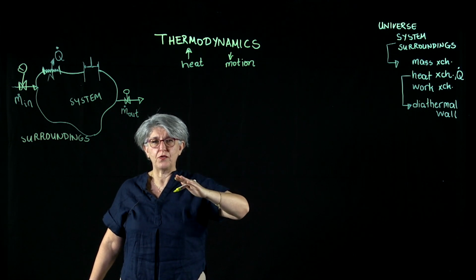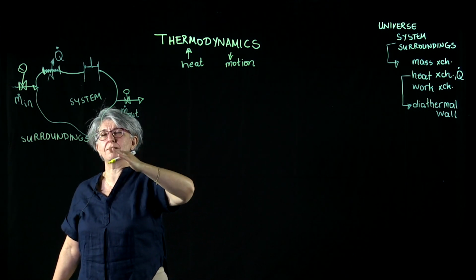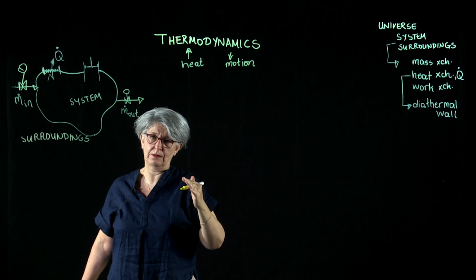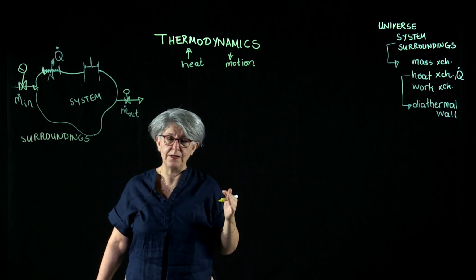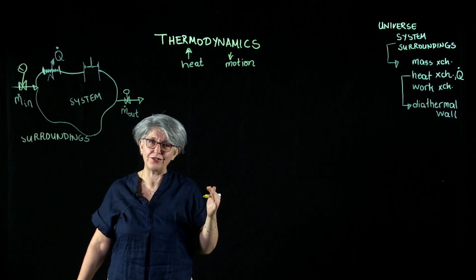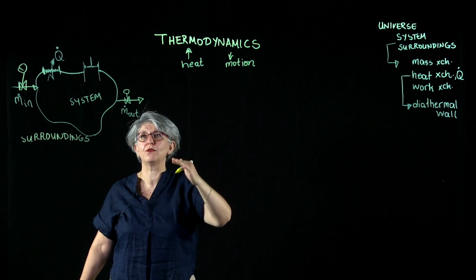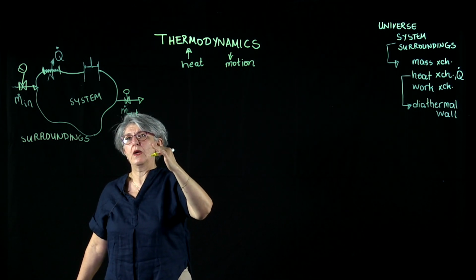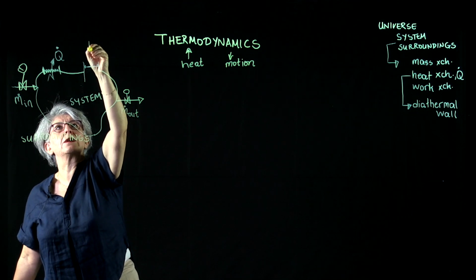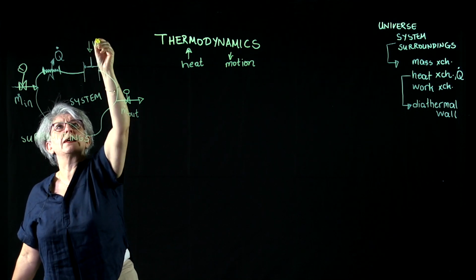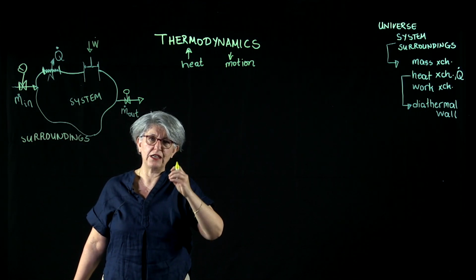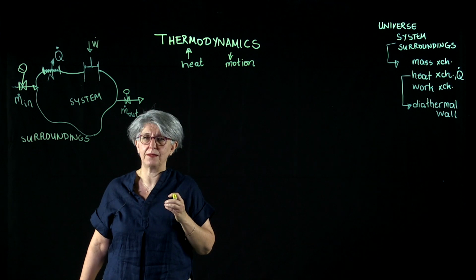So in order for the system to be in equilibrium with its environment, in terms of the pressures, we have a piston movement. So our piston movement allows us to exchange work with the environment.